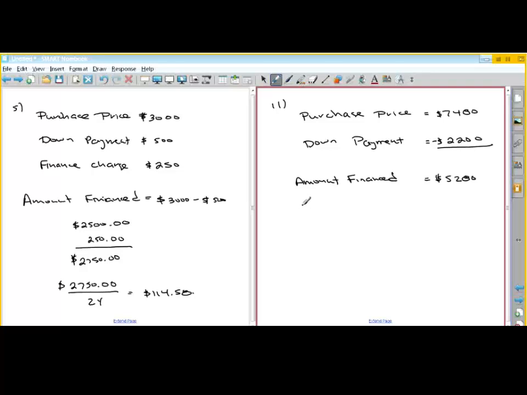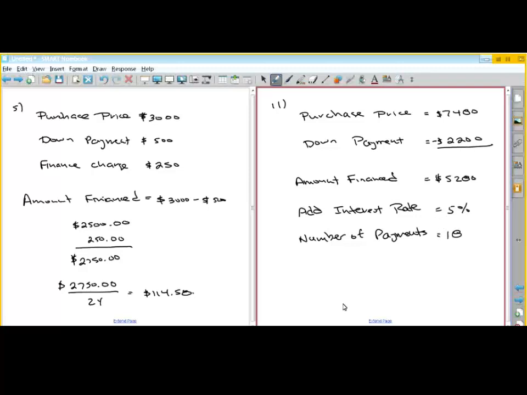And the add-on interest rate is 5%. And the number of payments is 18. So we do this for 18 months.